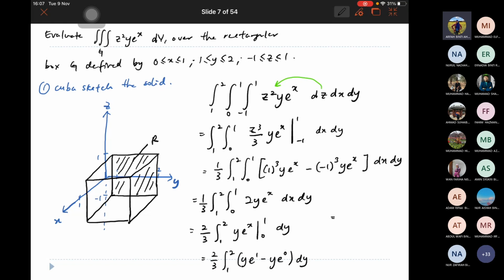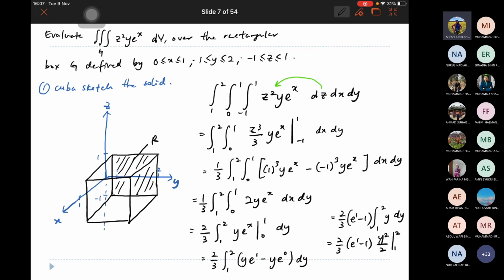Okay. So dapat 2/3 exponential 1 tolak 1 integrate 1 sampai 2 y dy. Okay. So dapat 2/3 exponential 1 tolak 1 y kuasa 2/2 1 dan juga 2.